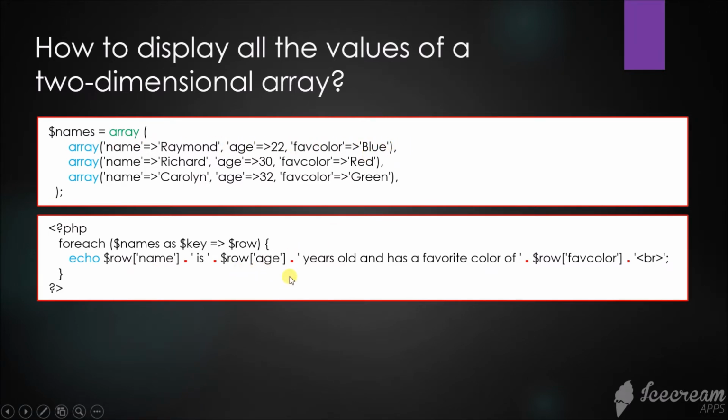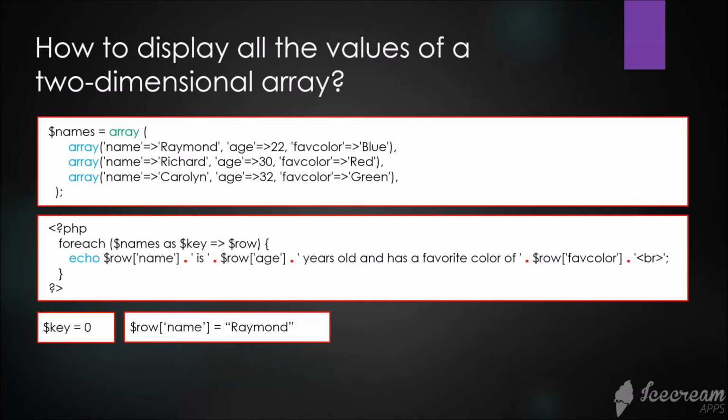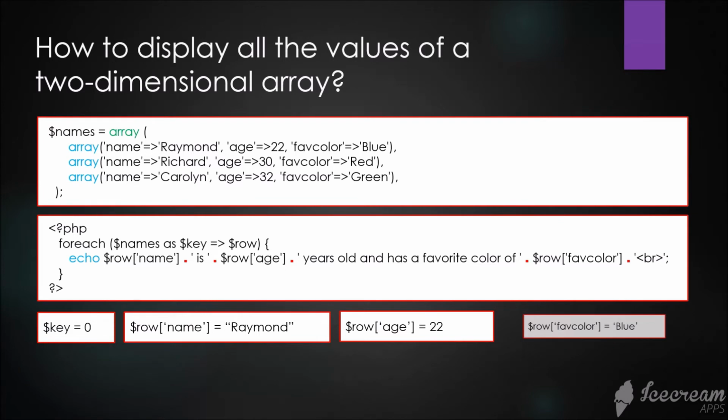Okay, now let's try to simulate the process. Of course, the key will have a value of 0. Then the row name will have a value of Raymond, the row age has a value of 22, and the fave color will have a value of blue.